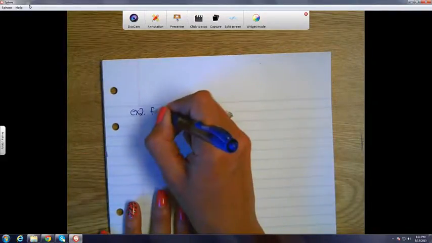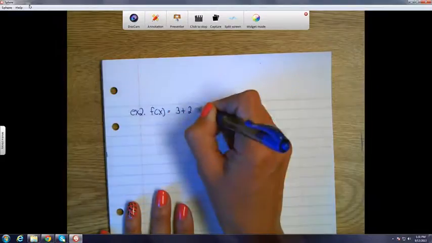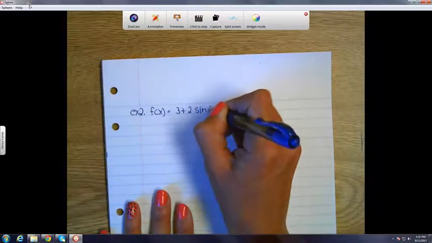Same thing again. F of x equals 3 plus 2 sine of x minus 1.